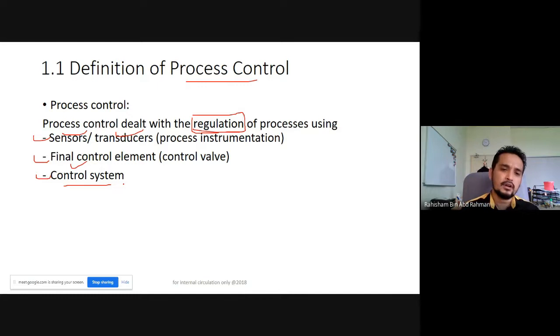The control system, of course, involves communications, some coding, some algorithms, or communication between the PLC, programmable logic controller, and the actuator.